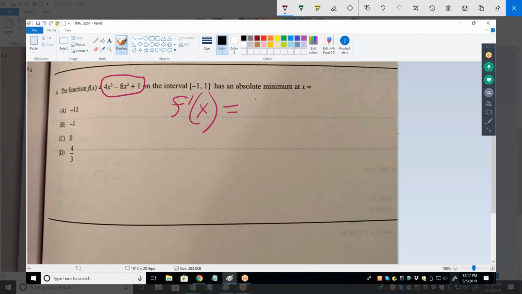Okay, so then we take the derivative: 12x squared minus 16x equals 0. Let's divide everything by 4.